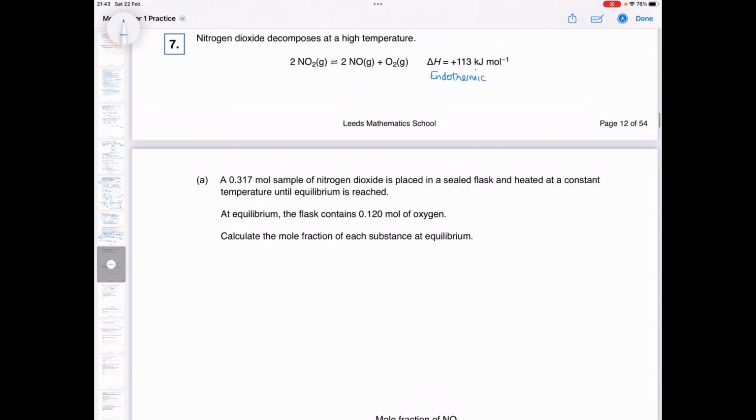So we'll start by creating ourselves a table, and our table is going to have 2NO2 in equilibrium with 2NO and O2 as the top of the table. And we've got initial moles, we've got the change, and we've got the equilibrium.